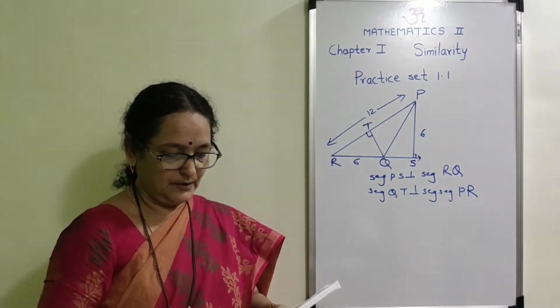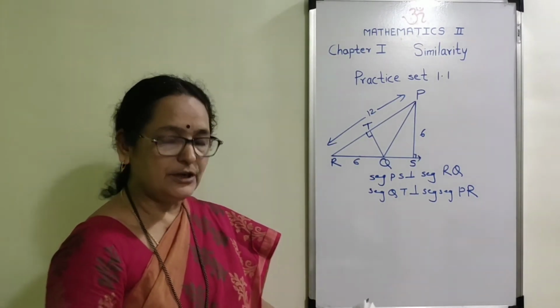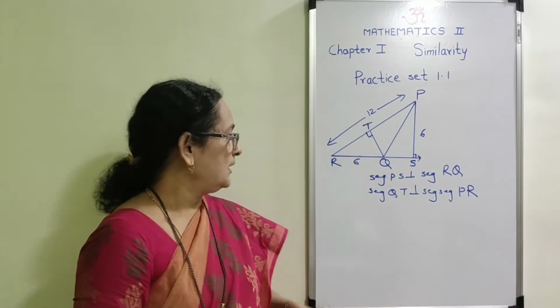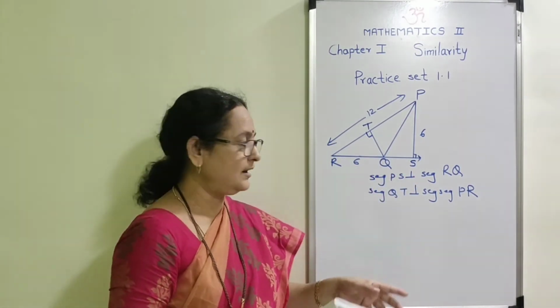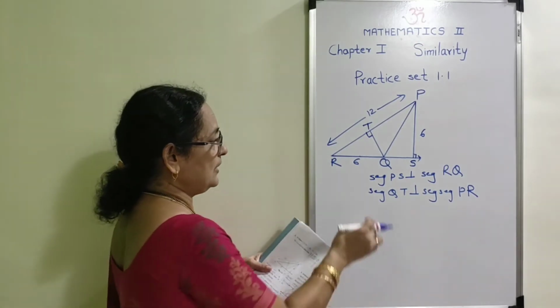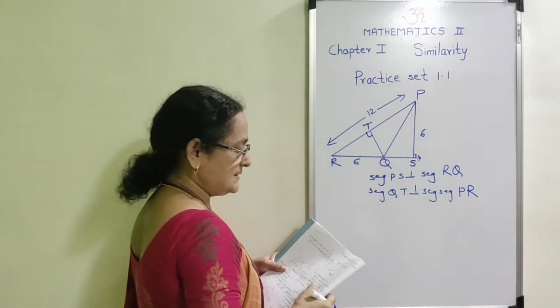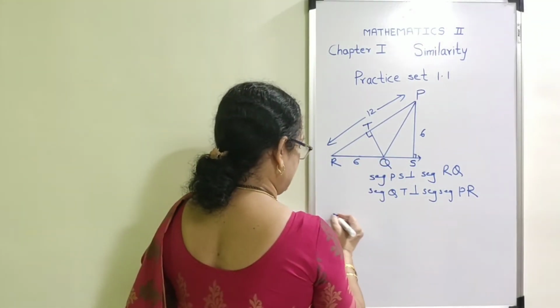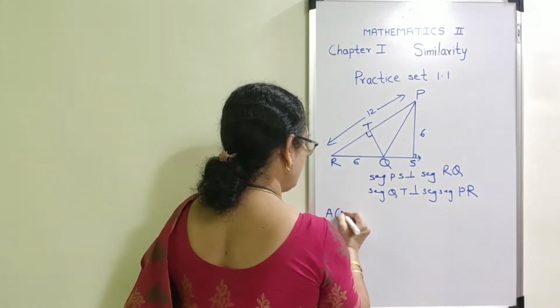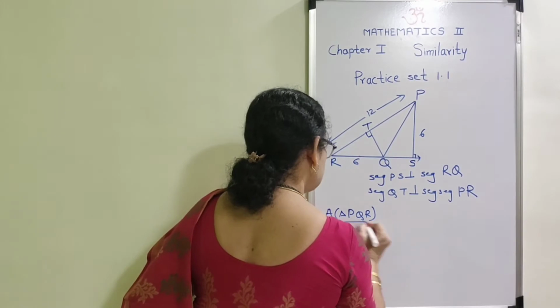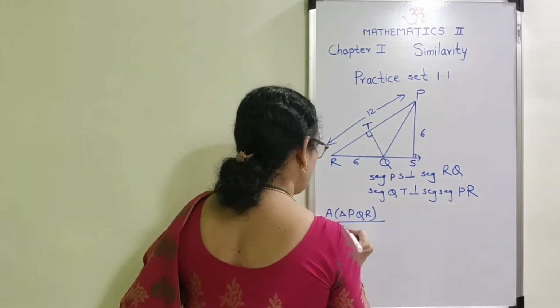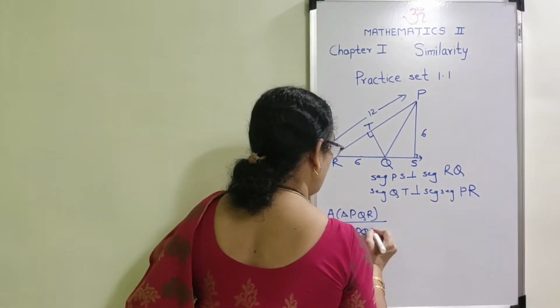Now here you are well known about the first property. Since I am having two different heights of the same triangle, I can write the formula in two different ways. First of all, I can take area of triangle PQR, also again area of triangle PQR.